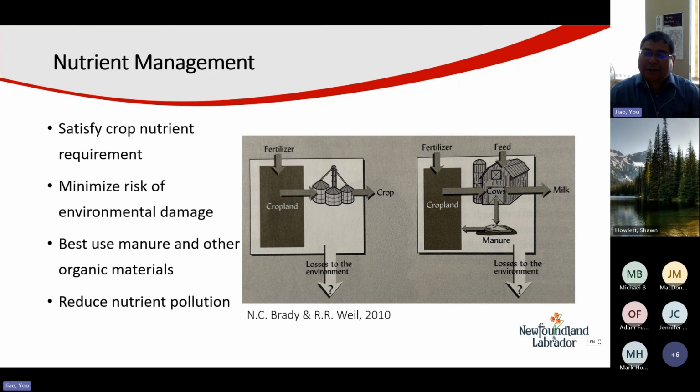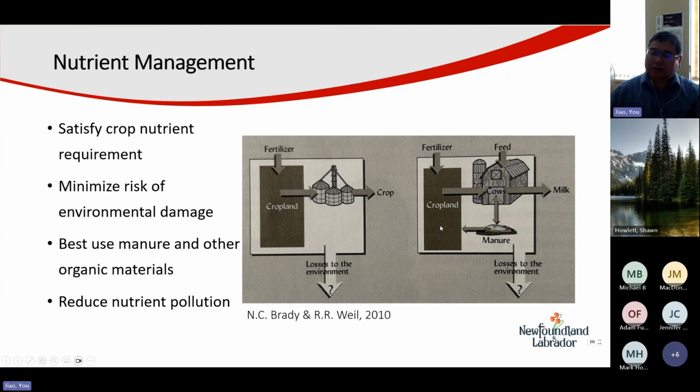We have to feed the animals. Some farms purchase the feed, or they grow silage or forage in the big farm. Either way, they grow it themselves or purchase the feed and feed the cow, and the cow produces the milk and the meat, and the manure goes back to the land.